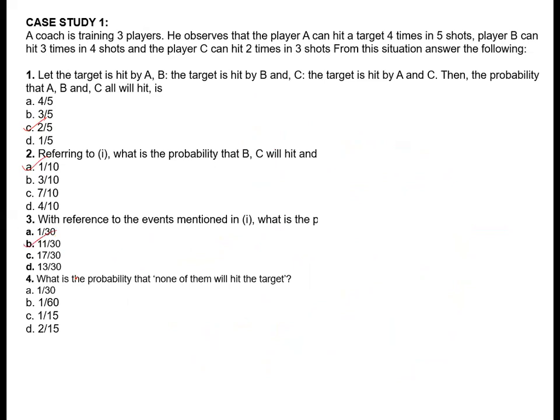Coming to fourth part. What is the probability that none of them hit the target? None of them. That means P(not A, not B, not C) intersection.